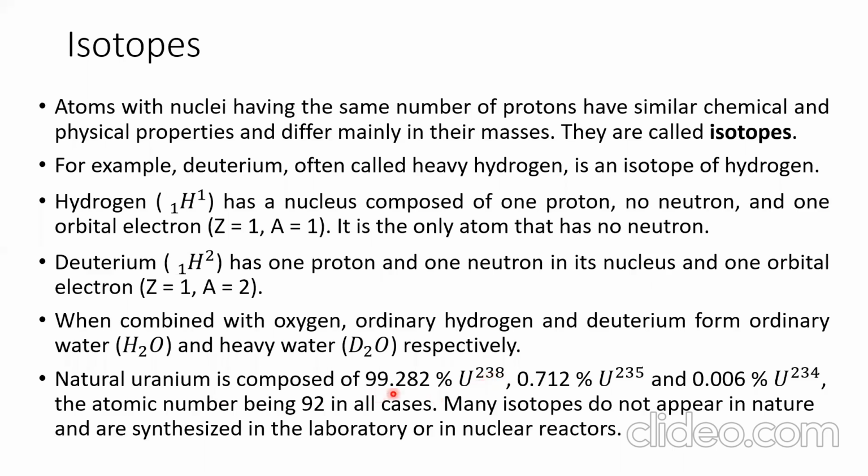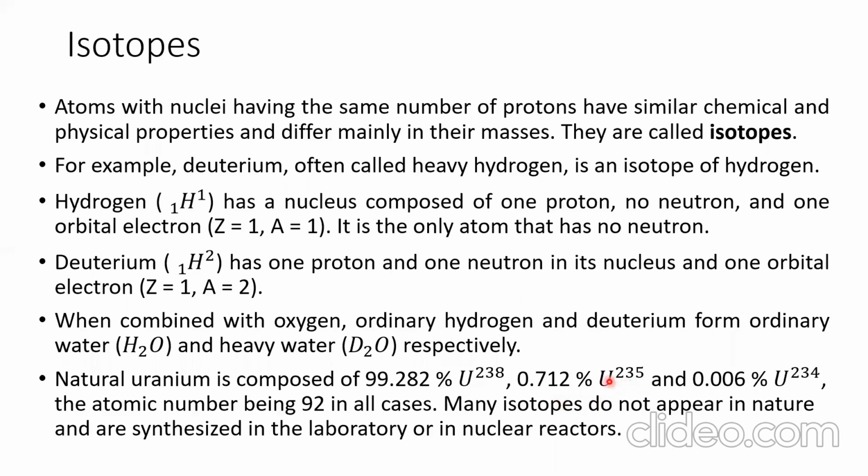It forms 99.282% of uranium found naturally on Earth, whereas uranium 235 is just 0.712%, and uranium 234 is around 0.006%. The uranium used in a reactor must be of the form uranium 235.